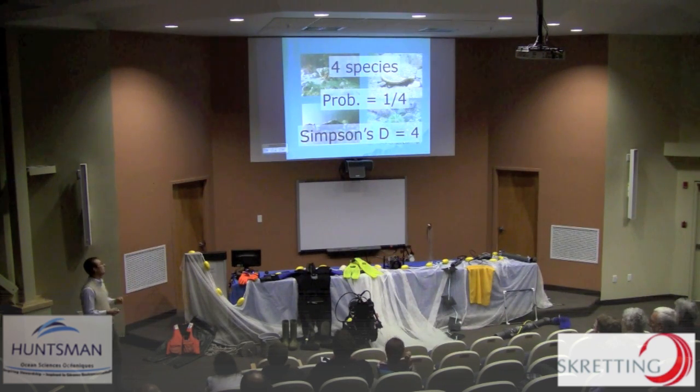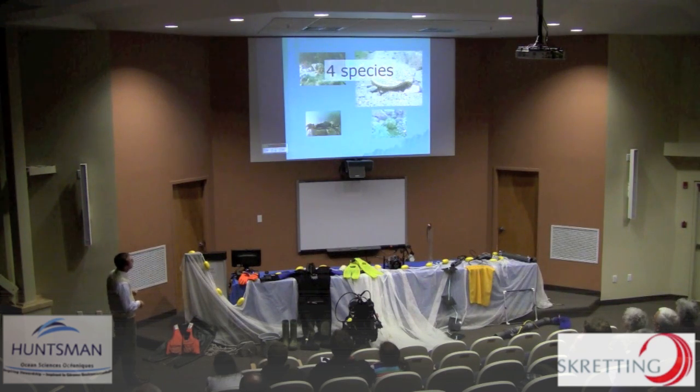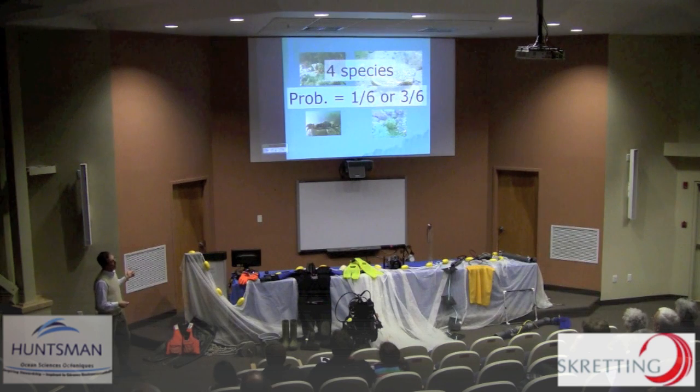Now here it gets a little bit tricky. I go back again. And this time I'm catching 3 times as many scallops as I'm catching hermit crabs, rock crabs, and urchins. What do I say? Well, I caught 4 species again. This time the probability is a little bit mixed. If I want to catch a hermit crab again, my odds are 1 in 6. If I'm thinking about scallops, it's 3 in 6, or half.